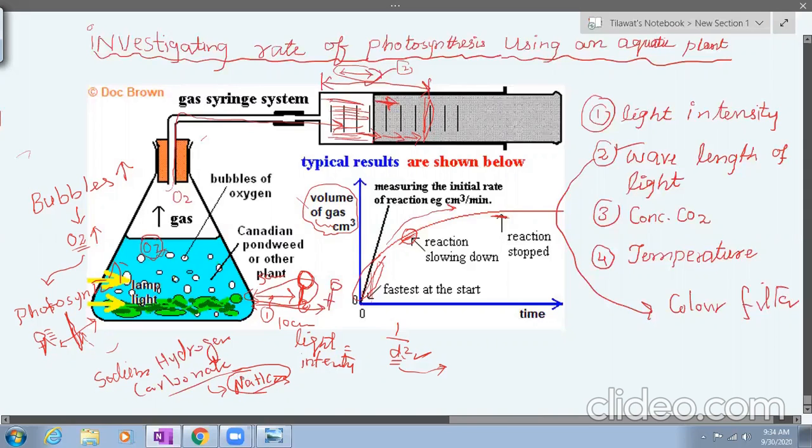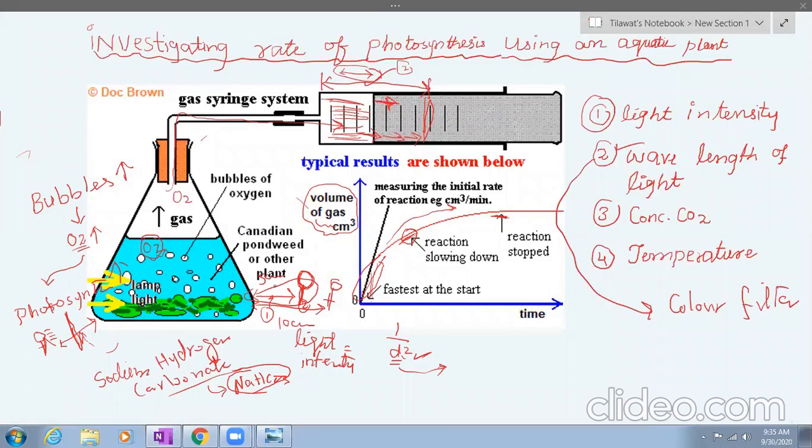It means that to one plant I expose more carbon dioxide concentration and to another less. And then I will check how much oxygen I'm collecting in this gas syringe. It will show me the rate of photosynthesis. The one in which the gas collected moves the plunger more means the rate of photosynthesis is high at that concentration of carbon dioxide.